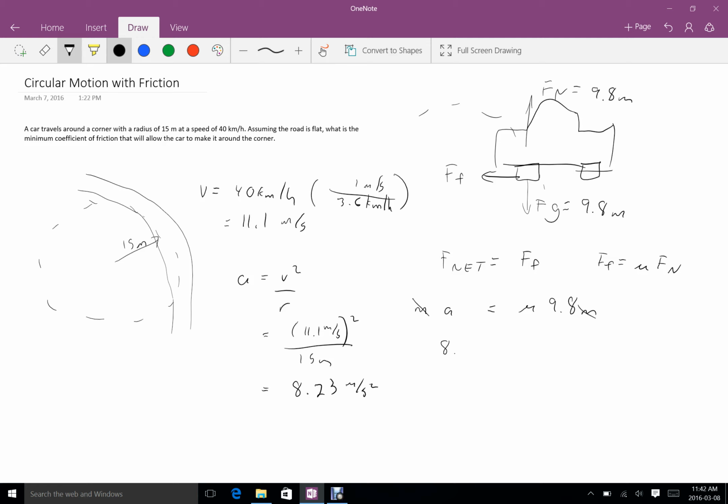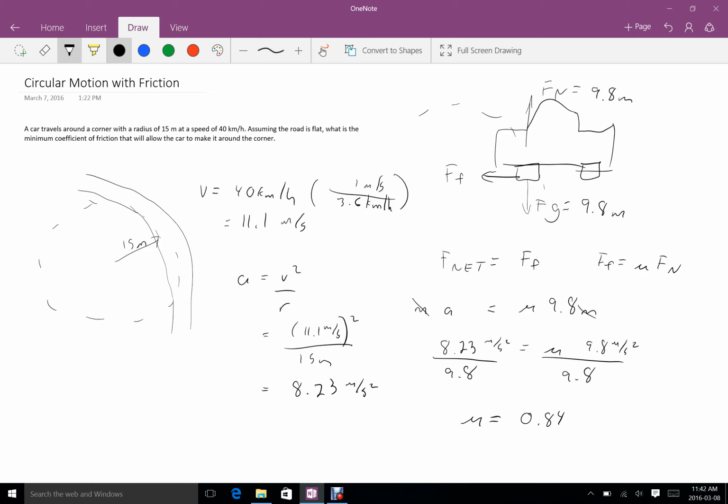So I've got 8.23 meters per second squared is equal to mu times 9.8 meters per second squared. I can divide both sides by 9.8, and I get a coefficient of 0.84.